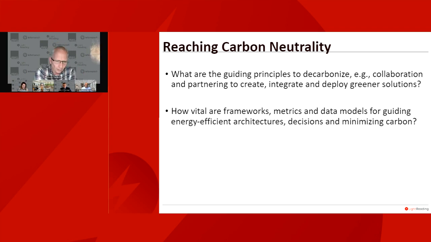So, I think for this, it's for us very much about looking both at not just the platforms, but also the operational aspects. We've seen how in the past, design for performance has driven a lot of what we've done in our networks, the type of products we've been demanding.